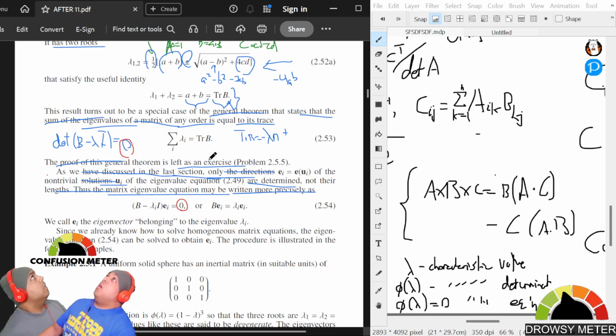B minus lambda I e_i. Are we no longer dealing with determinants? Because this should be a number, but this is a direction. B e_i equals lambda_i e_i.